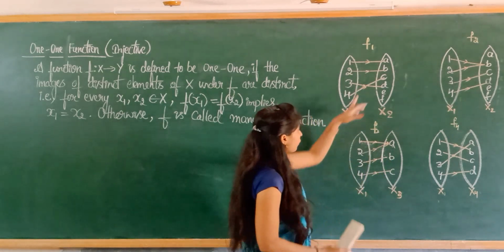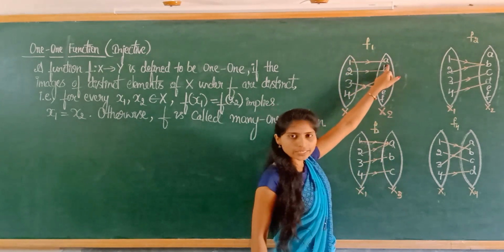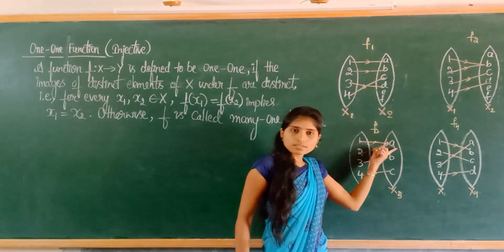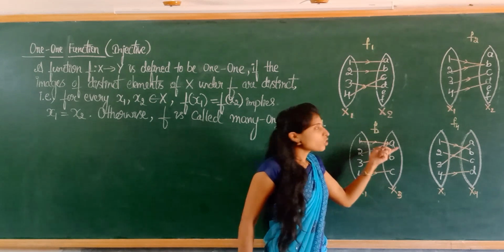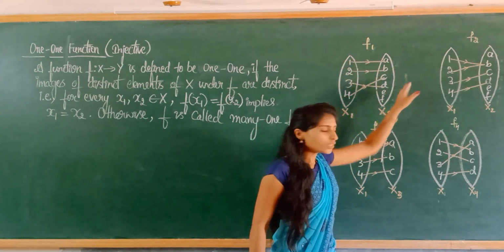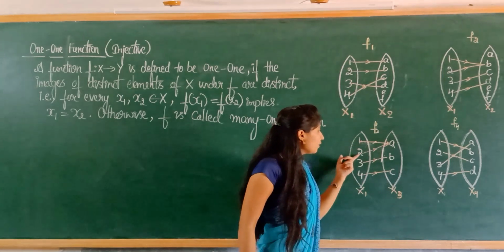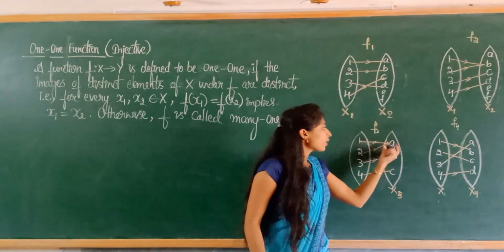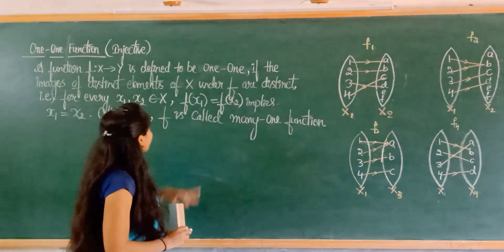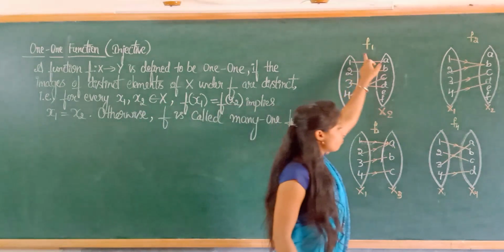In a one-one function, one element is related to only one image. But see here, 1 and 2 are related to the same image, that is A, right? So here more than one element is related to the same image, and that is a many-one function. For example, for one-one functions you see f1 and f4.